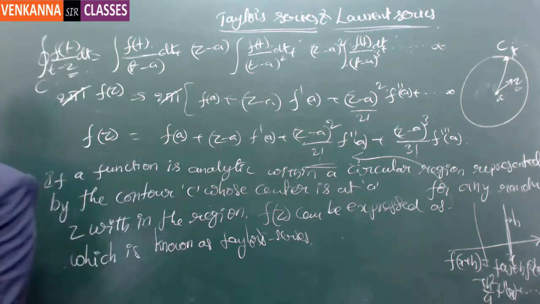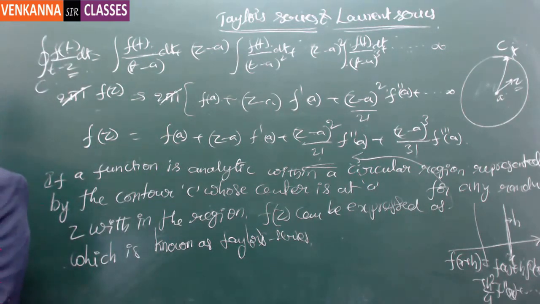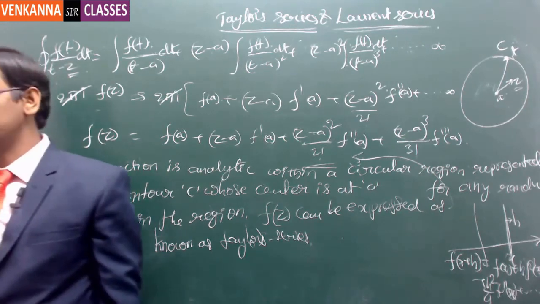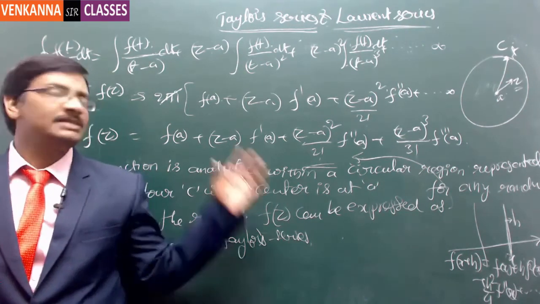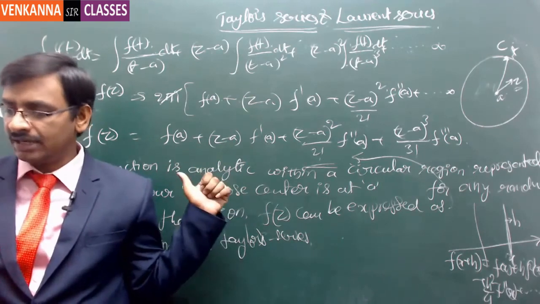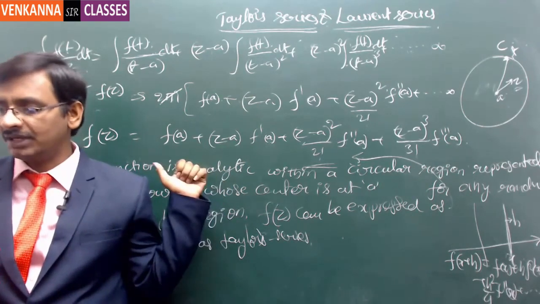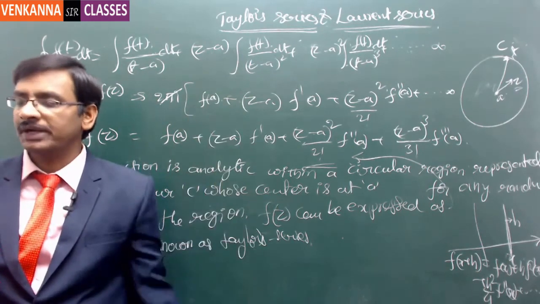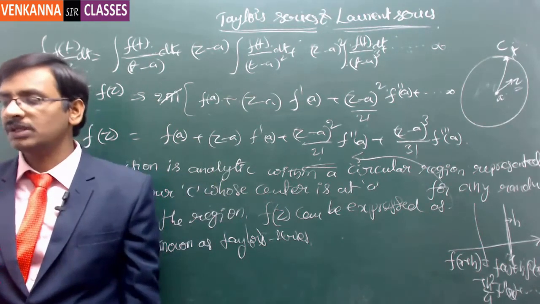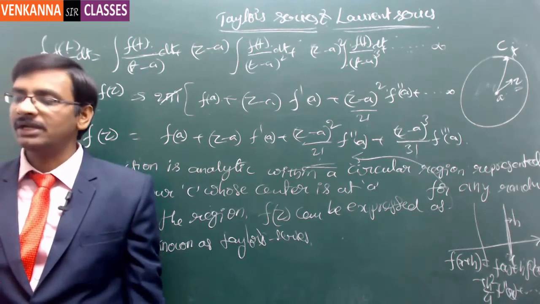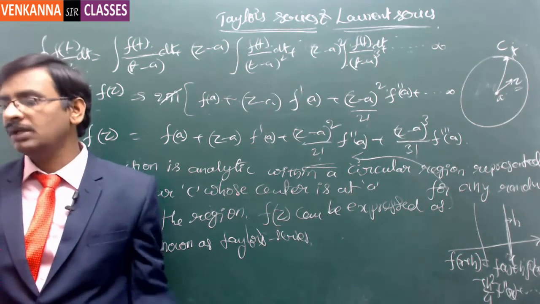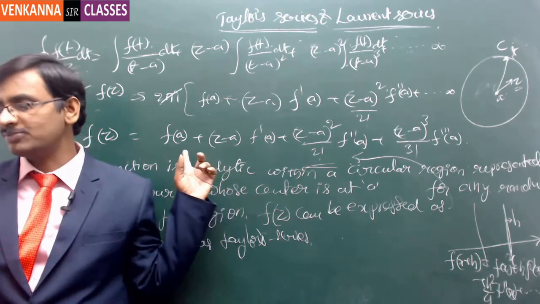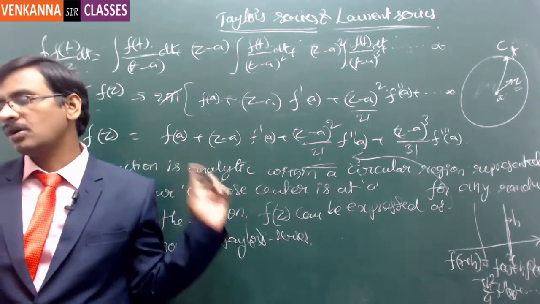Got it? So this is about the Taylor's expansion. But usually this is just a derivation saying that you can express f of z in terms of f of a. But you don't need to use this derivation at all. You will be straight away using the binomial expansion, which is again derived from the Taylor's expansion only. So binomial expansion is the base to expand any function which is in the complex domain.